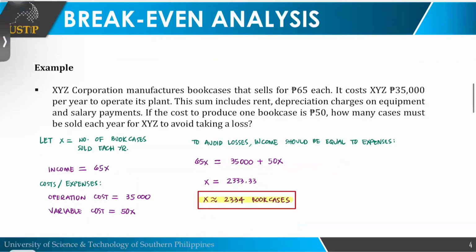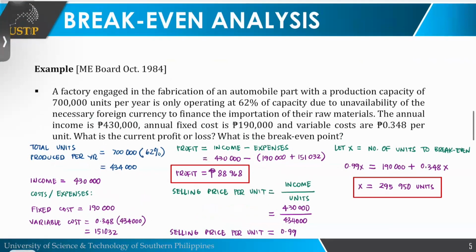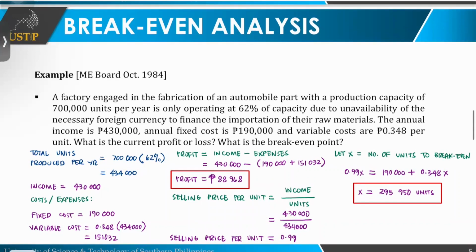Okay, we move on to the second example. This is from the ME board exam, October of 1984. It was a long time ago, that's why the prices here are very, very small, no? So the problem is a factory engaged in the fabrication of an automobile part with a production capacity of 700,000 units per year is only operating at 62% of capacity due to unavailability of the necessary foreign currency to finance the importation of the raw materials.